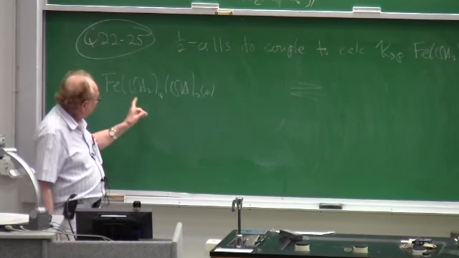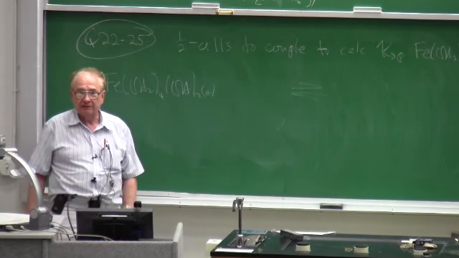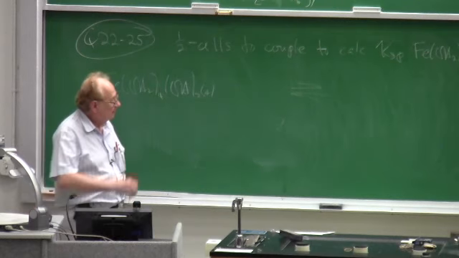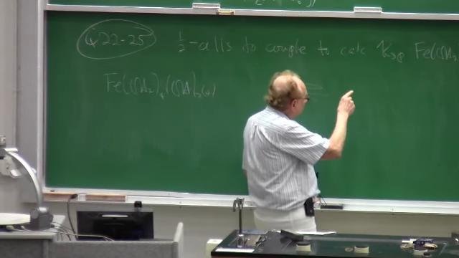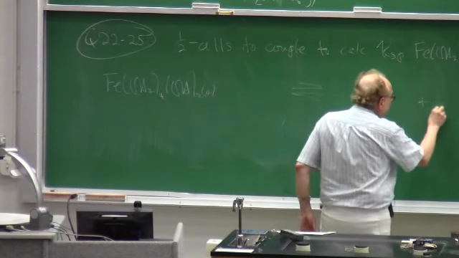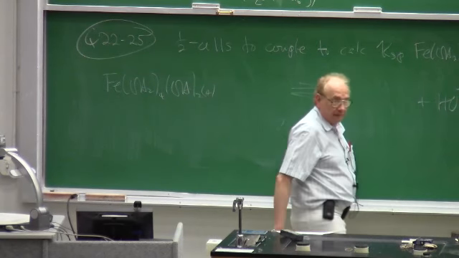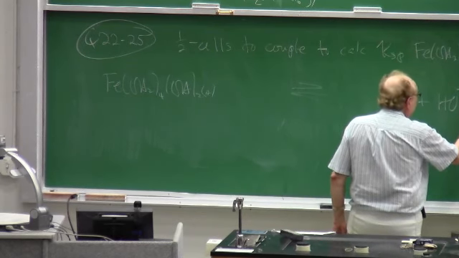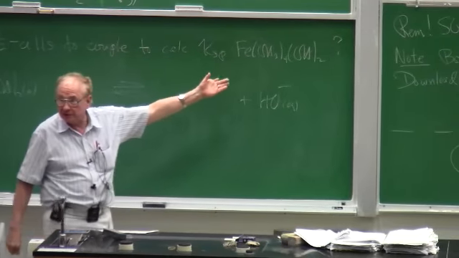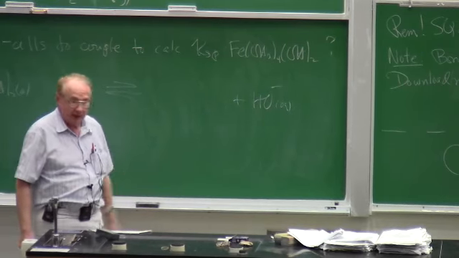The ions which react to produce this stuff. Would you bet this is one of them? Okay, you'll bet that's one of them. Clearly you should. This is a hydroxide precipitate, isn't it? What's the other ion?